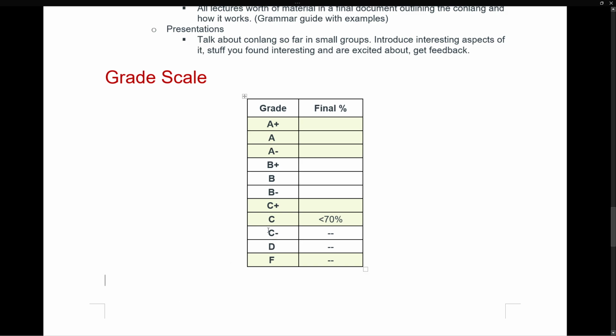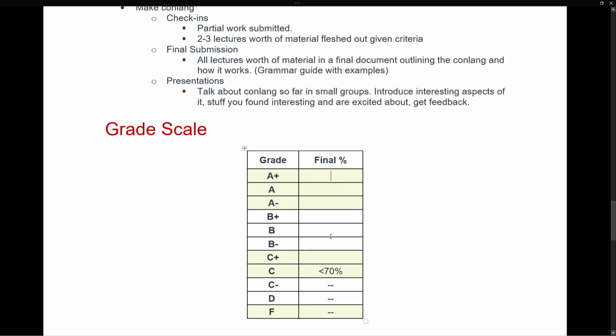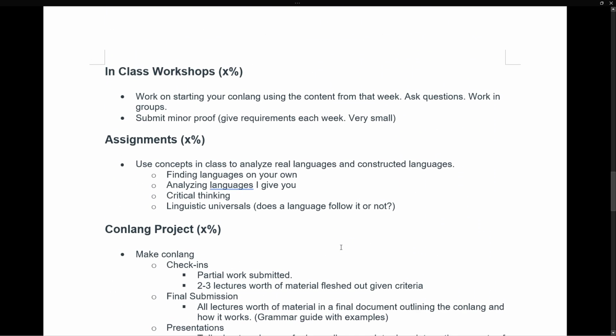The way that I give C minuses, D's, and F's is when they miss work. So if they do all of the work in the course, I don't care what grade, they get a C. But if they get less than 70% and they start missing work, that's when the grades get lower to C minus, D's and F's. So I'm not too harsh of a grader.